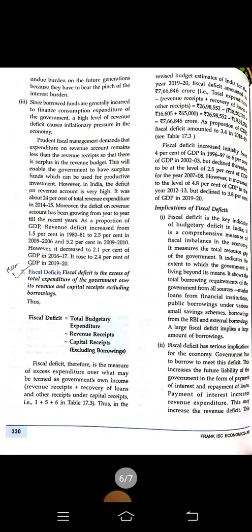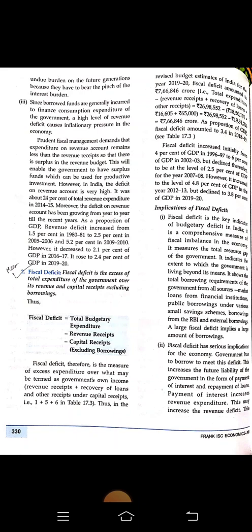Fiscal deficit is the excess of total expenditure of the government over its revenue and capital receipts, excluding borrowings. Thus, fiscal deficit is equal to total budgetary expenditure minus revenue receipts minus capital receipts.